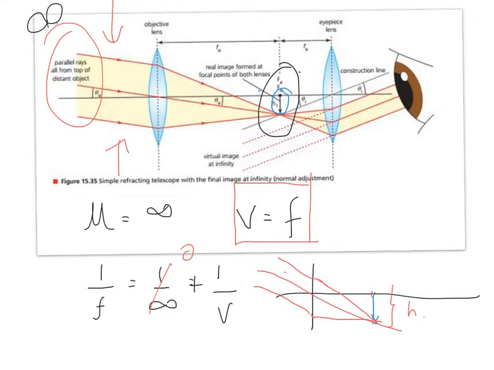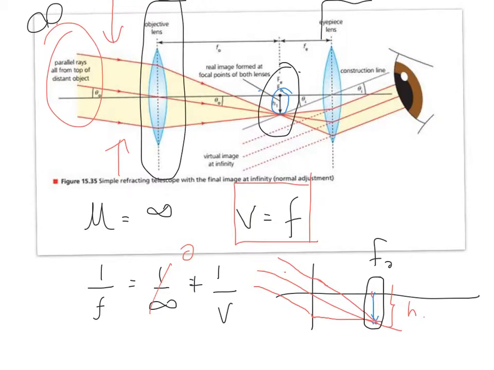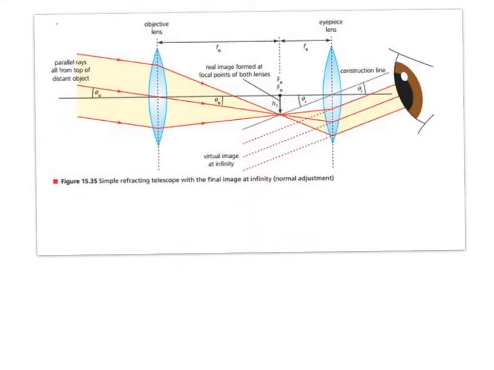And the next really interesting thing which makes this work is that the focal point for this first objective lens is actually also the focal point for the eyepiece lens. So we'll talk about that next. Okay. So what now happens at this second lens?